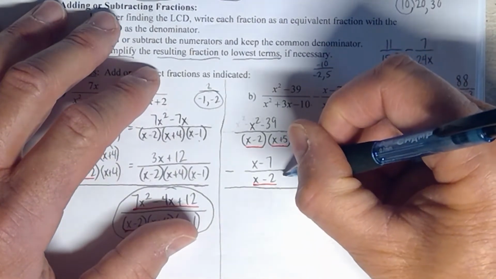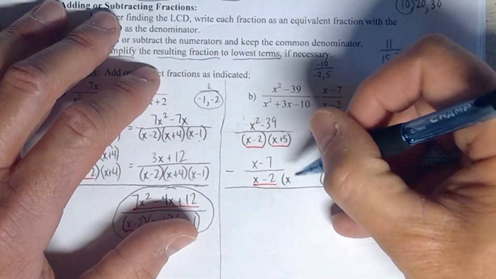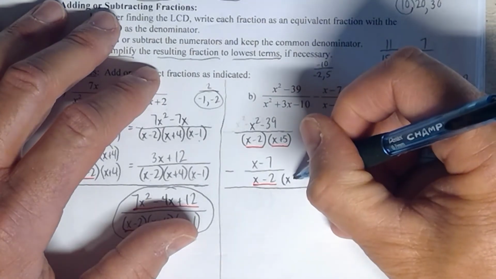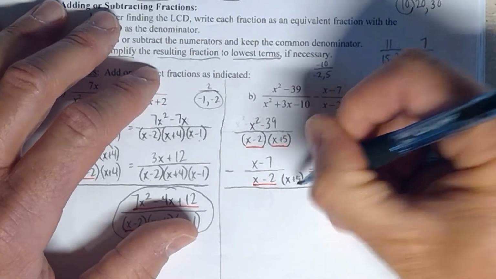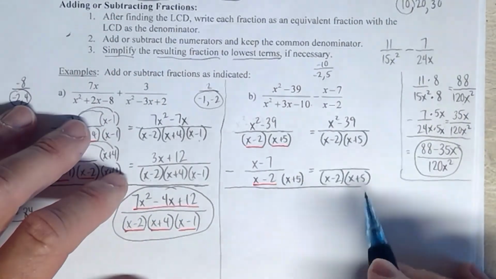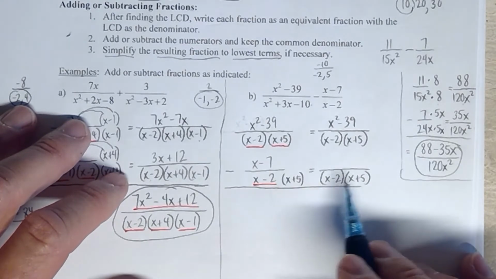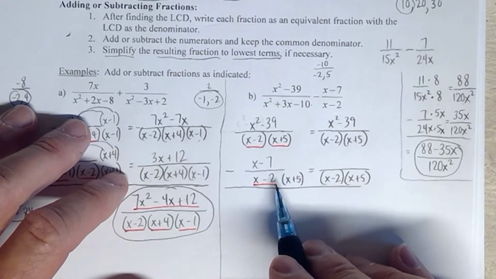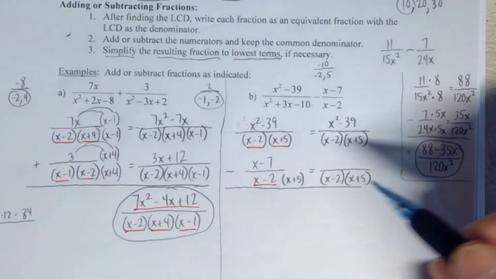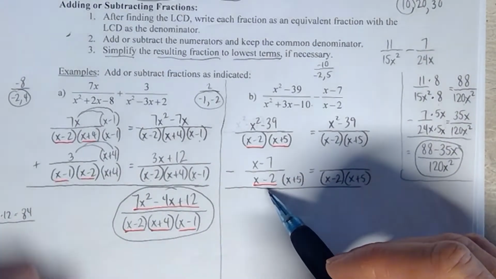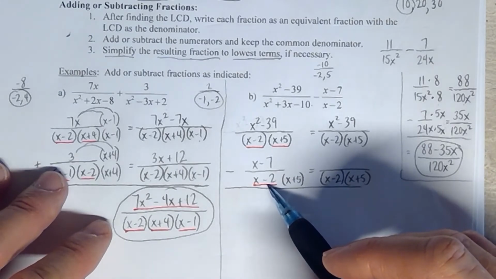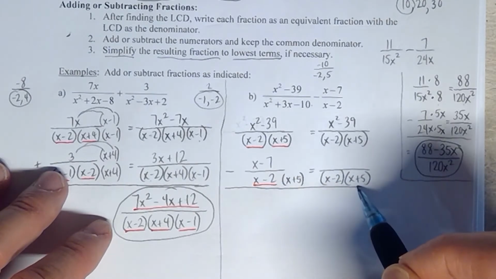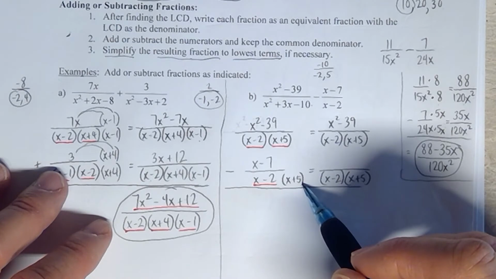However, on this second fraction, just like we were talking about in the last problem, you have two red ones in the LCD. Okay, one of those two is already sitting there. I know it's not in a bracket, but it's still a red one, as you can see. So one of those two is already there, so it would make sense that you multiply by the other one.